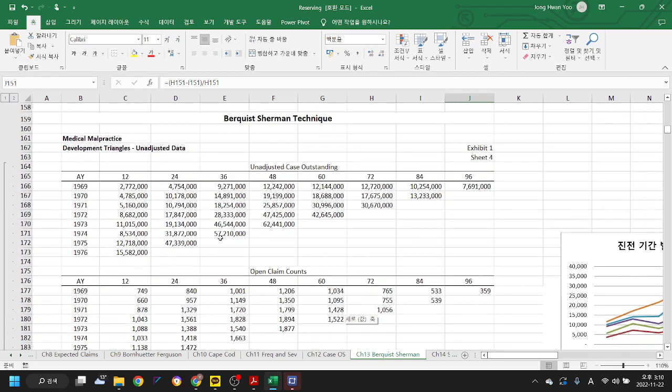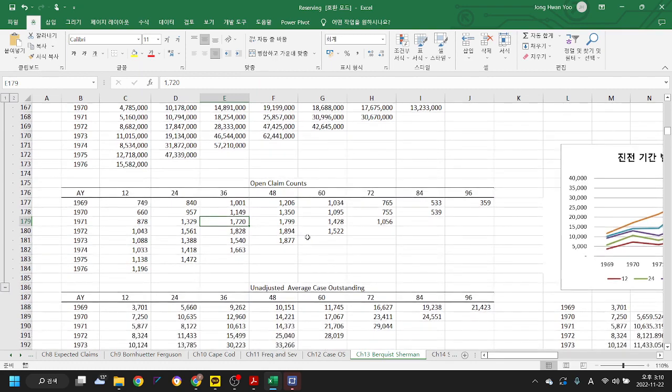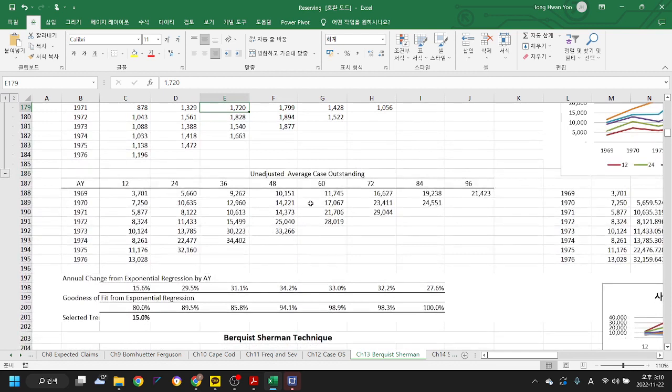There is a case outstanding figure. You can subtract the cumulative paid loss triangle from the reported claim triangle, and you get the unadjusted case outstanding figure. You should also have the open claim count in the same triangle. If you divide this unadjusted case outstanding triangle by the open claim count, you get the unadjusted average case outstanding.